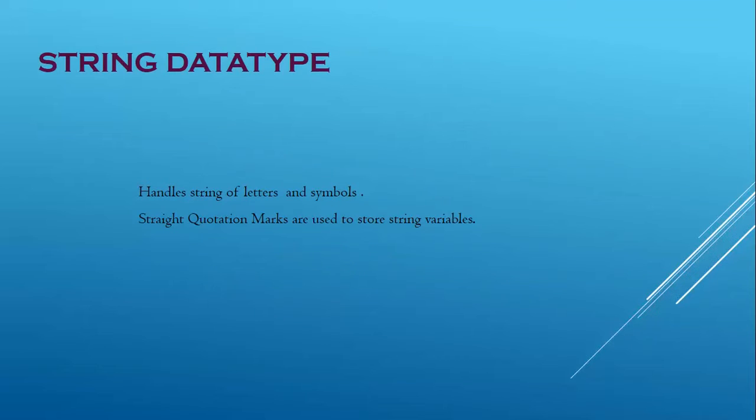String data type. It handles strings of letters and symbols which are commonly referred to as words and sentences. String data types are wrapped in straight quotation marks. They can either be single or double quotes.